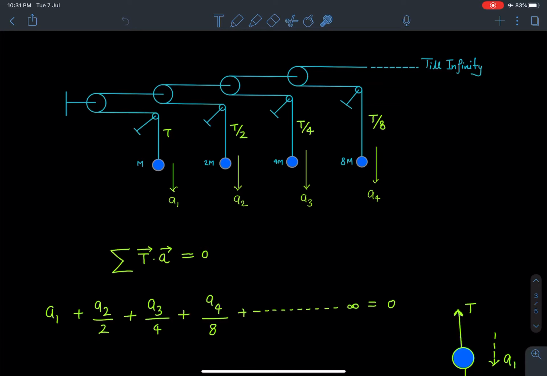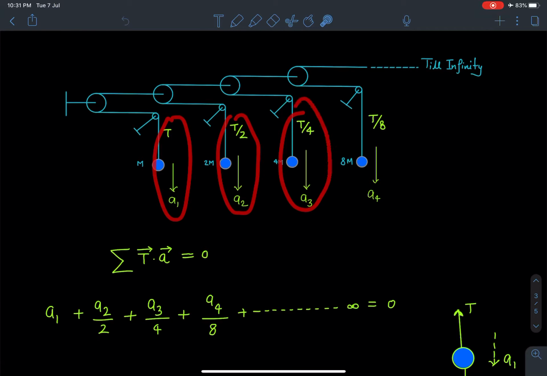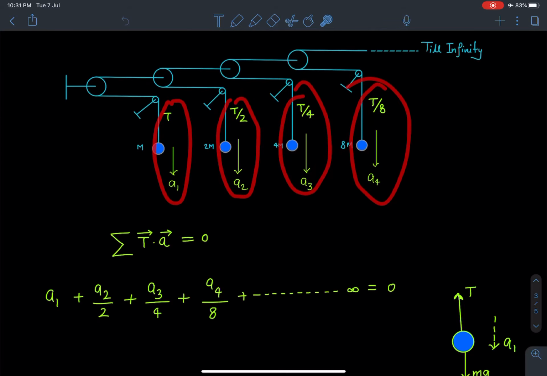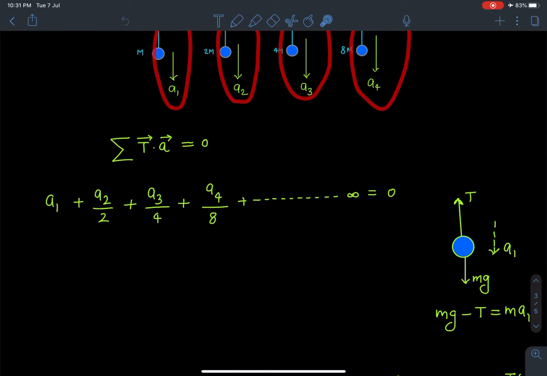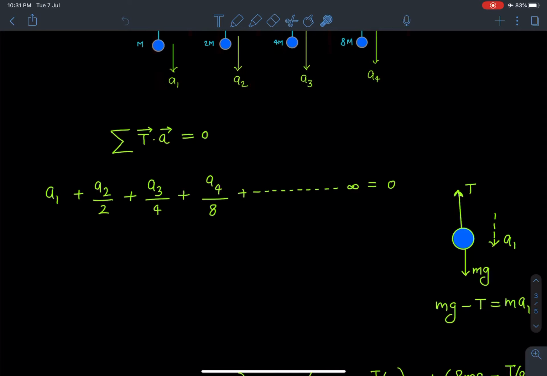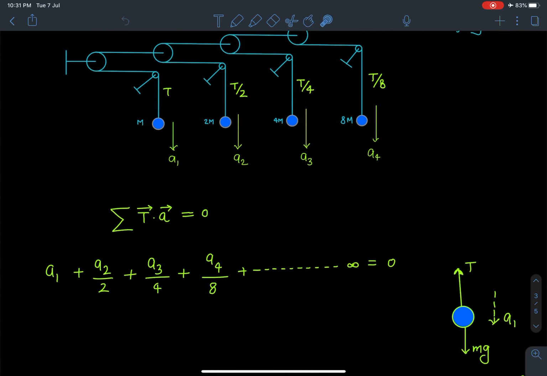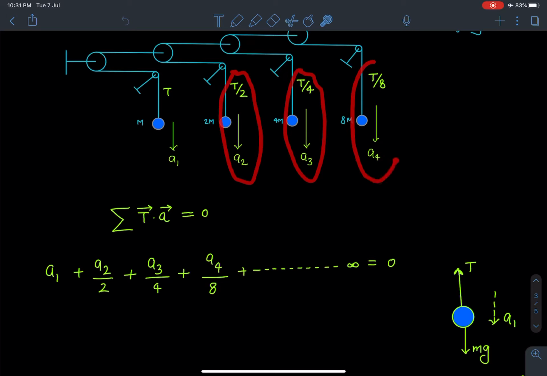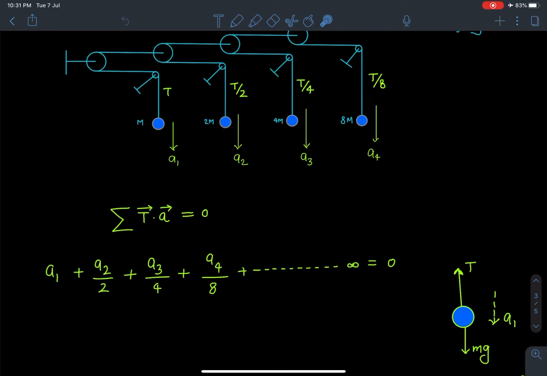When we take the dot product of tension and acceleration on each mass, we get the relation a1 plus a2 by 2 plus a3 by 4 plus a4 by 8. The dot product of tension will be minus T a1, minus T by 2 a2, minus T by 4 a3, minus T by 8 a4, and so on, and we equate it to 0. So we get this relation.